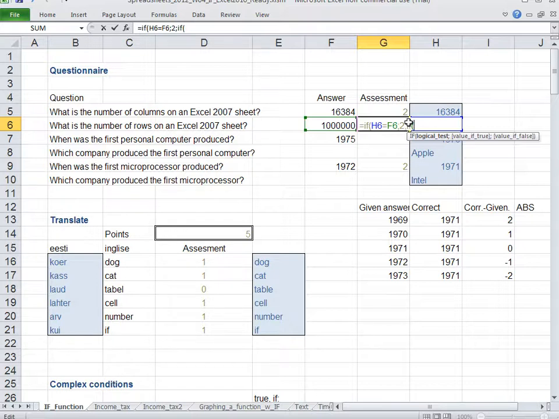So let's start doing the same thing we did with the microprocessors' production year. We write H6 minus F6. So we subtract the 2 answers from each other. We subtract the given answer from the correct answer.